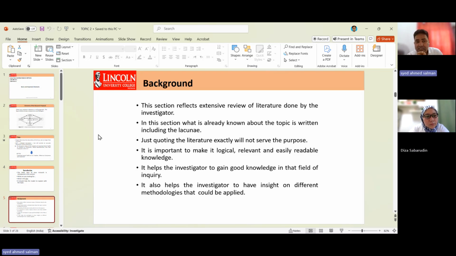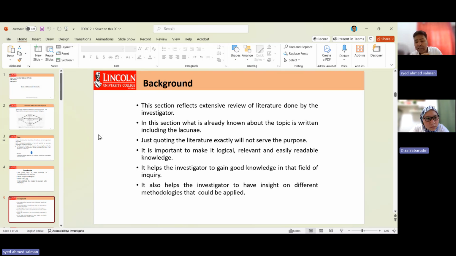So this background of the study section reflects the extensive review of literature done by the investigator. Now, what you have to write is what is already known about the topic, including the lacuna.